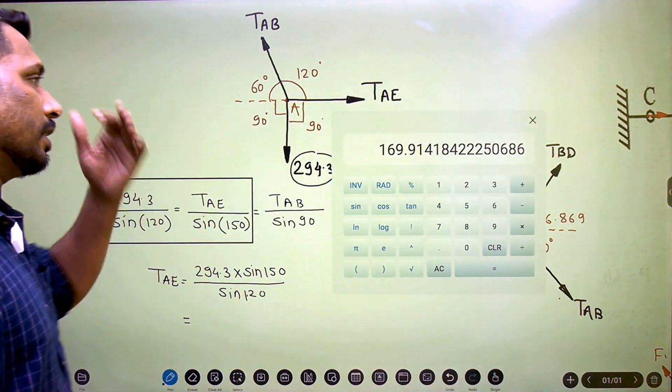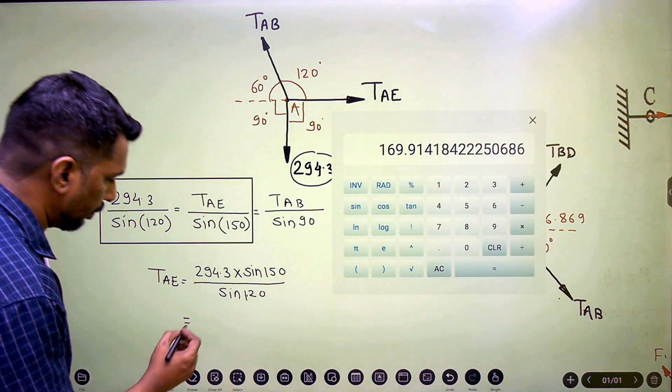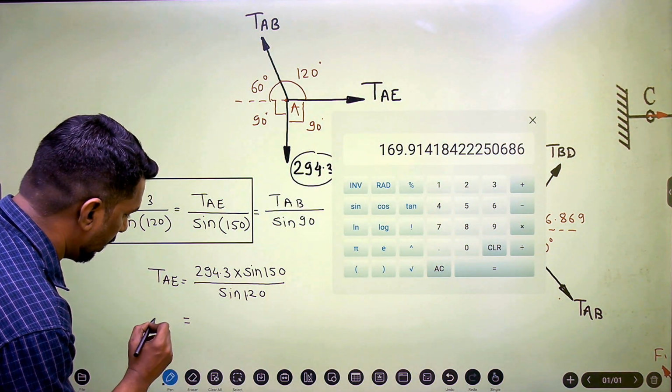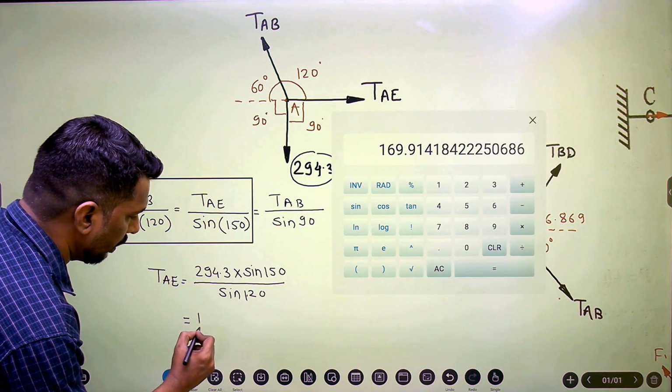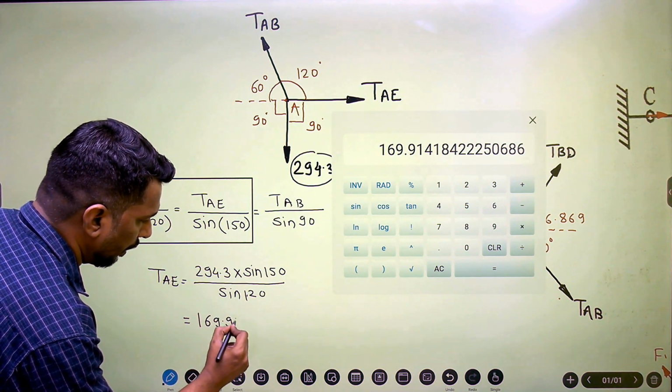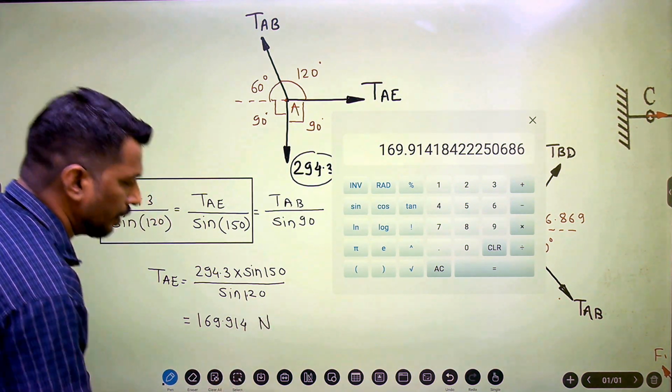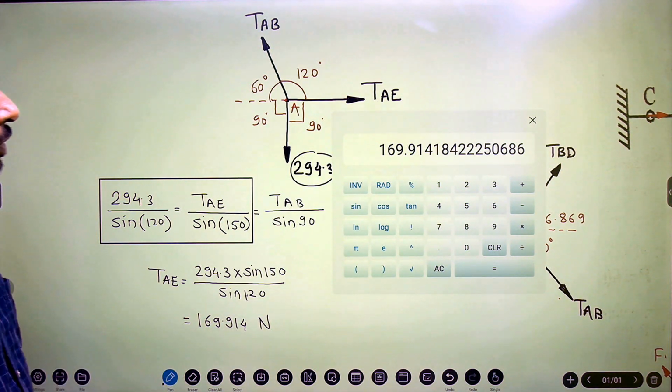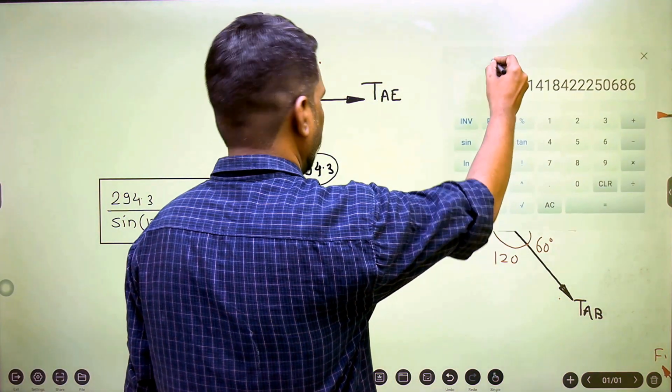So this comes around 169.914. TAE is coming out to be 169.914 and the unit is Newton, tensile force, so the unit is Newton.